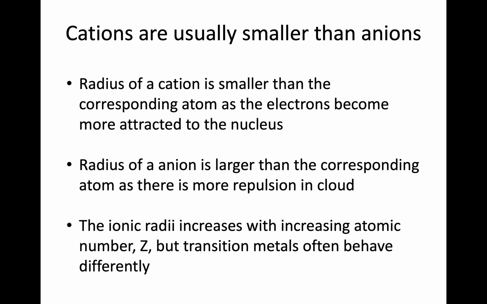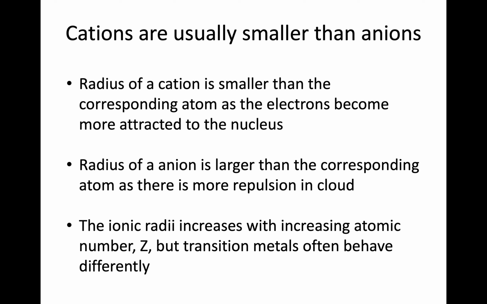All right, so let's speak a little bit more to the sizes. As we'll see with the visual in the next slide, cations are typically smaller than anions. That's our general rule of thumb. The radius of a cation is smaller than its corresponding atom as well, because electrons have been removed and they consolidate closer to the nucleus.